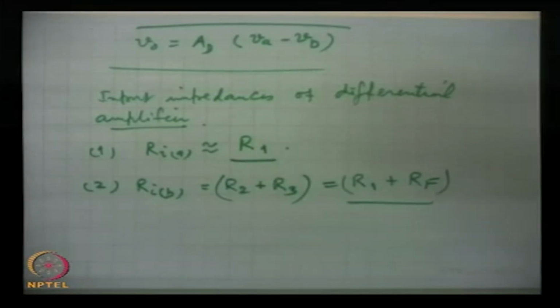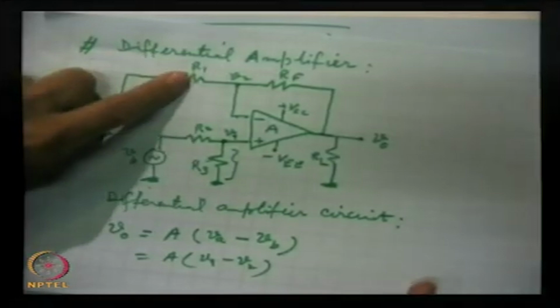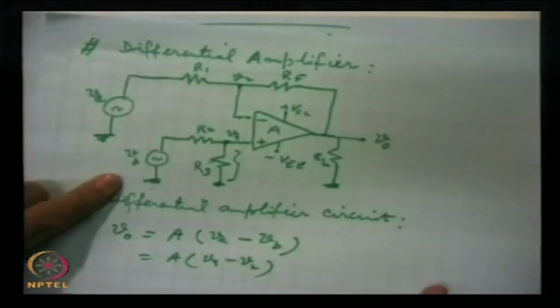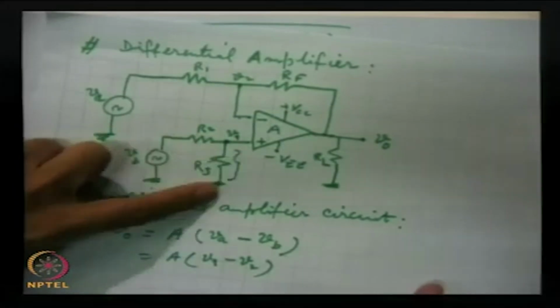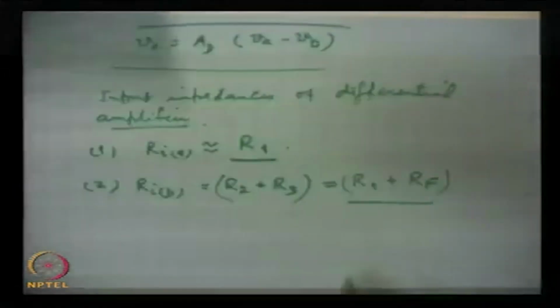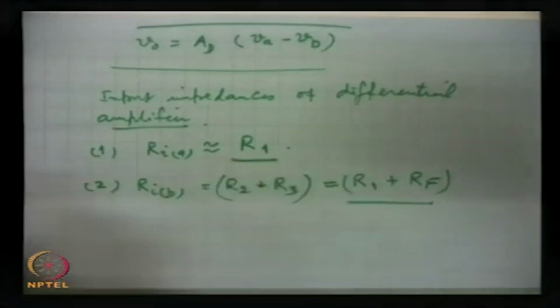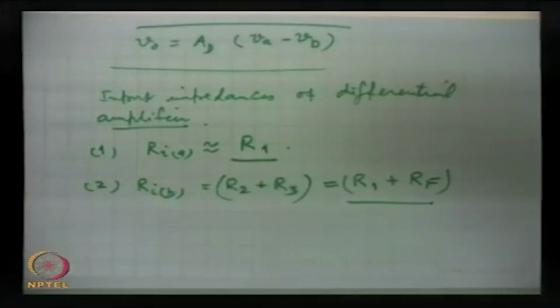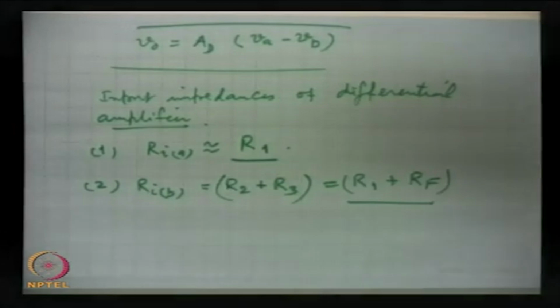The inverting amplifier will see R1 as the impedance, while the non-inverting will see the impedance R2 plus R3, which is equal to R1 plus RF. So this is an important conclusion, that besides the magnitude, the impedances seen by the two input sources will be different for a differential amplifier.